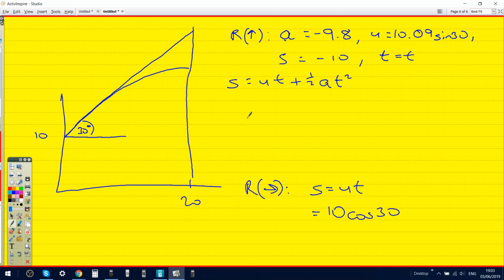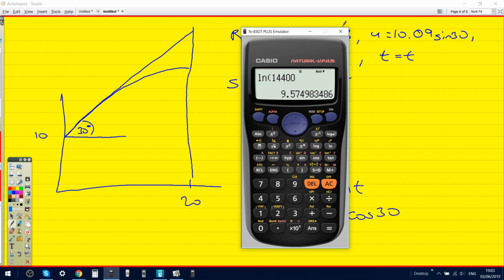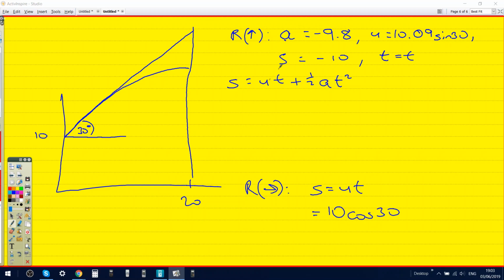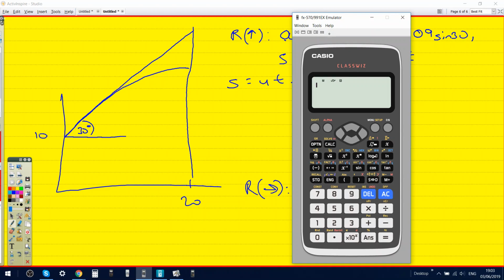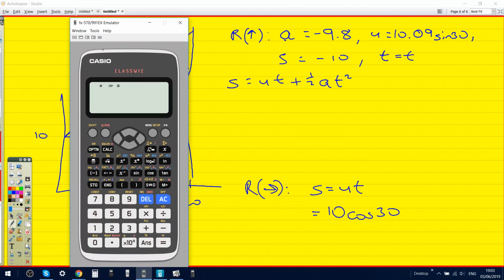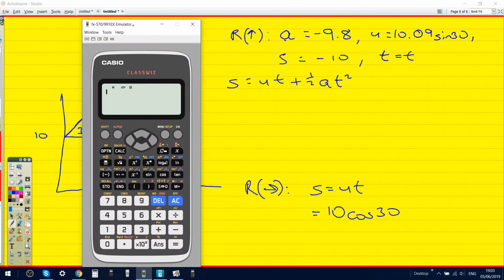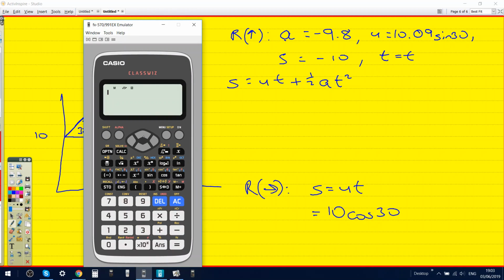So when we solve that, -10 equals 10.09 sine 30 times t, plus a half times -9.8 times t squared.